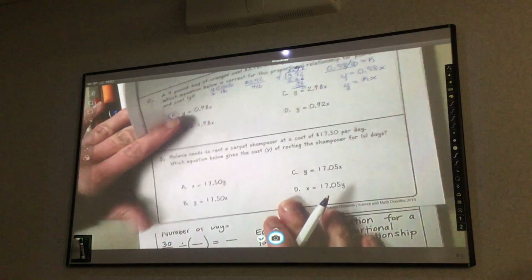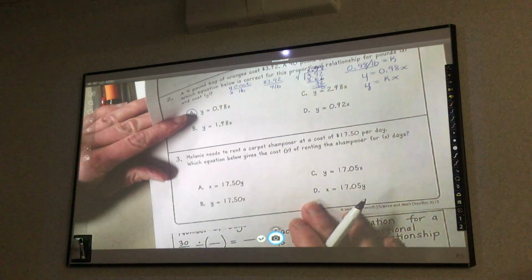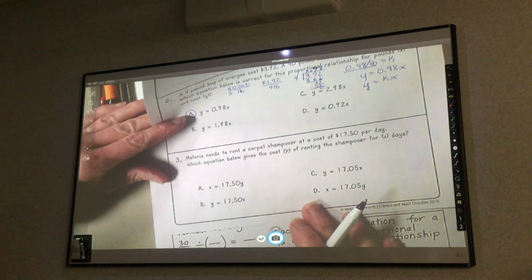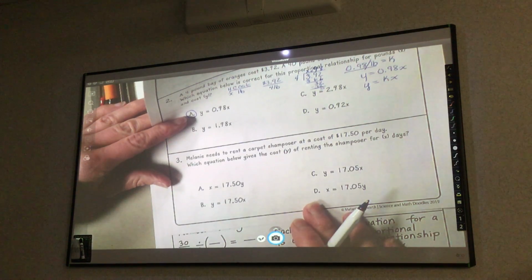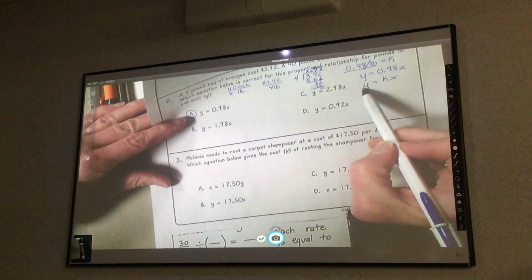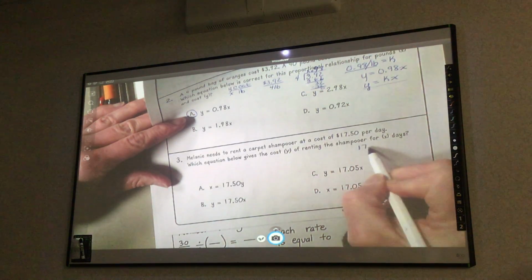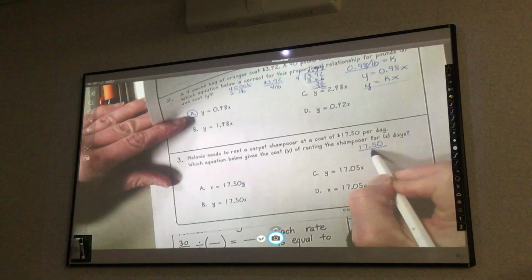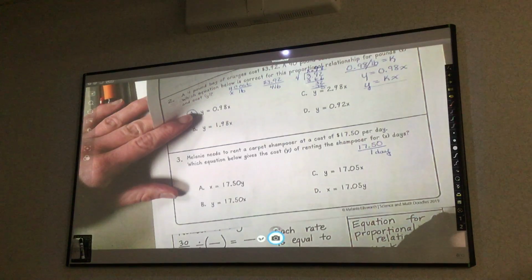Melanie needs to rent a carpet shampooer at a cost of $17.50 per day. Which equation below gives the cost of renting the shampooer for x amount of days? Here's where we set it up. It's $17.50 per day. That would be my per 1 day. Is that my y, my x, or my constant?